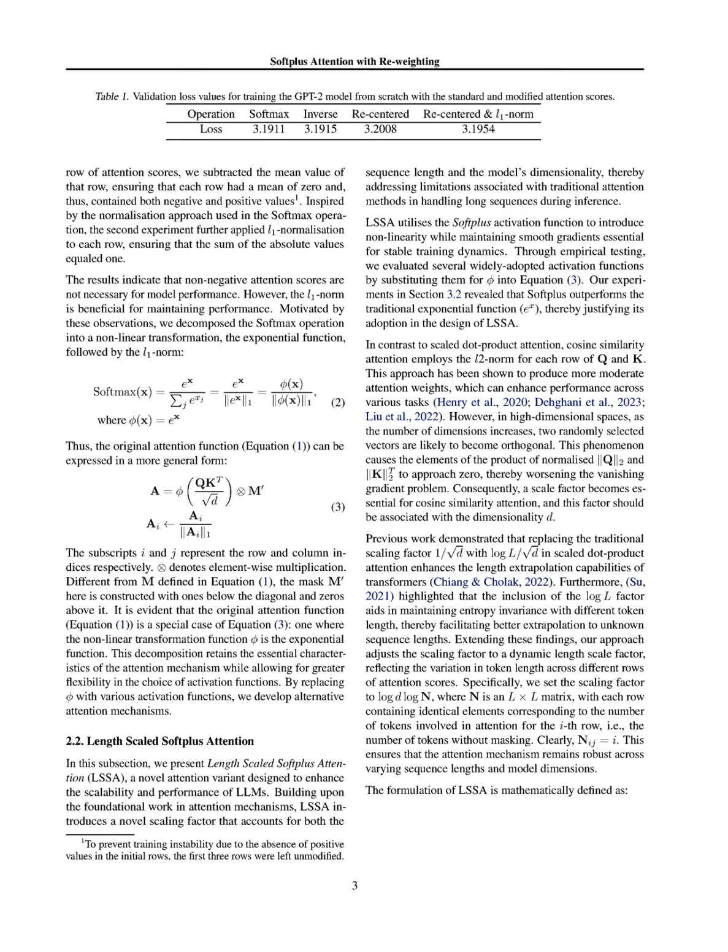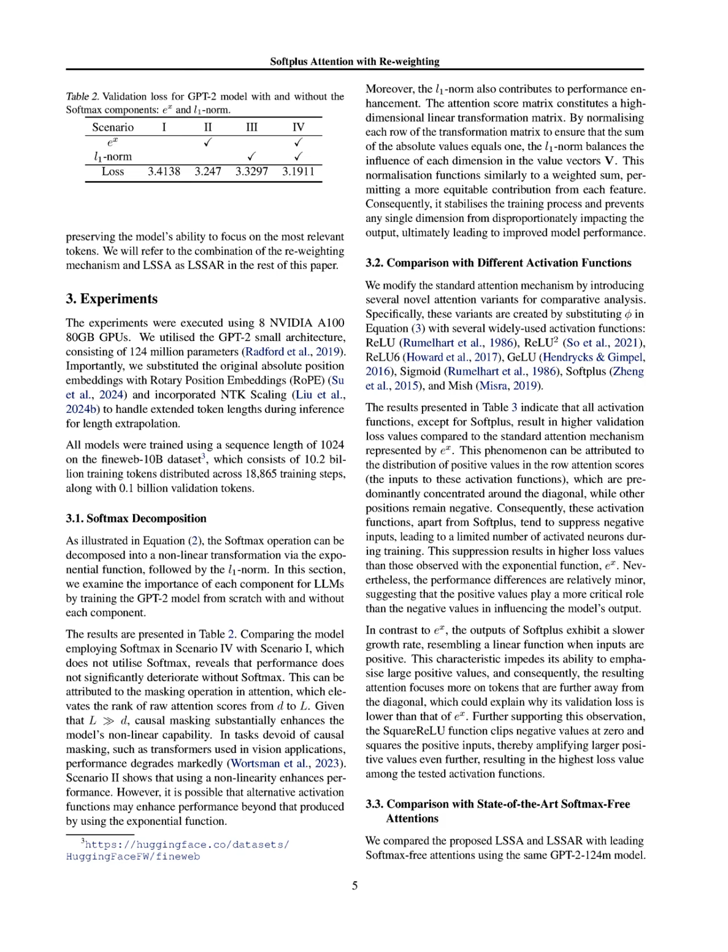For a given set of input tokens represented as queries Q, keys K, and values V, LSSA first computes the raw attention scores using a nonlinear transformation, specifically the Softplus activation function, which introduces nonlinearity while maintaining smooth gradients. The attention scores are then normalized using the L_1 norm, ensuring that the sum of the absolute values of each row equals 1, which stabilizes the training process and balances the influence of each dimension in the value vectors.